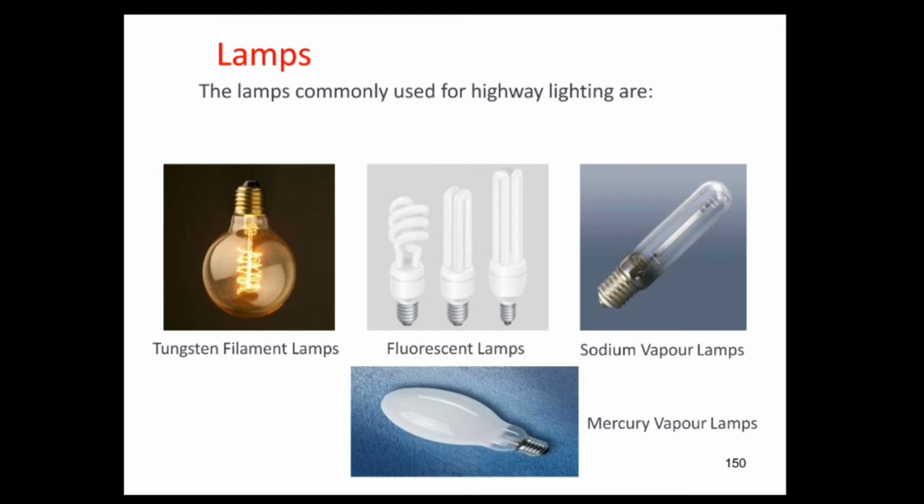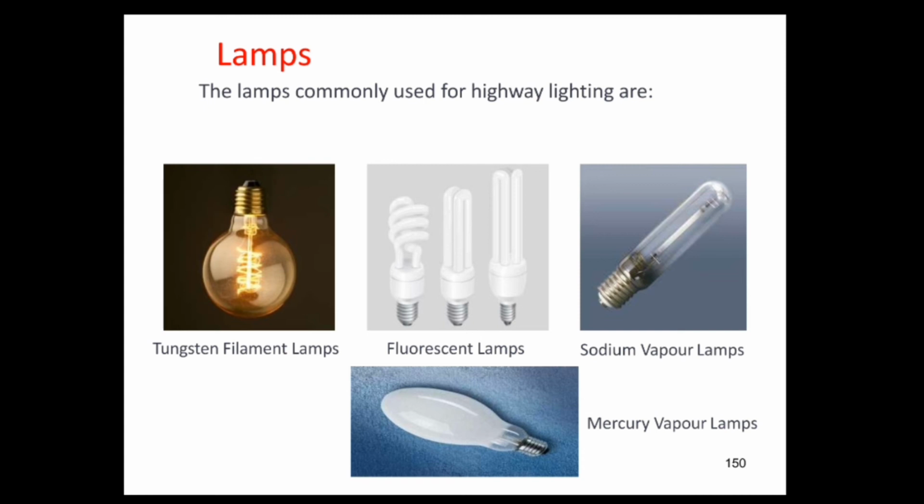Now there are various mechanical or artificial means by which the lighting can be provided. First is the lamp. As you know, lamps are the most commonly used for the highway lightings. The different types of lamps used are the tungsten filament lamps, which are obsolete nowadays, the fluorescent lamps, then the sodium vapor lamps and the mercury vapor lamps.